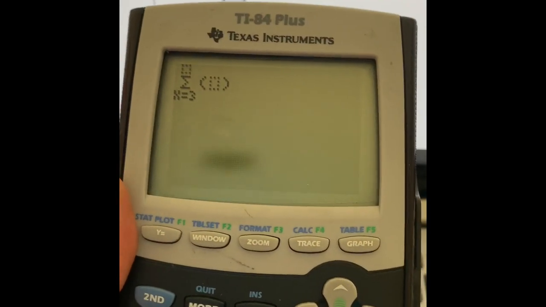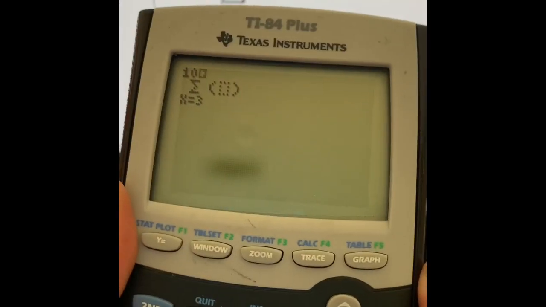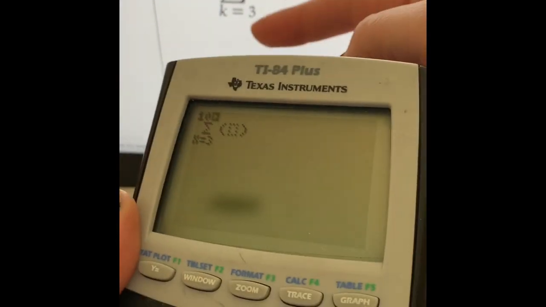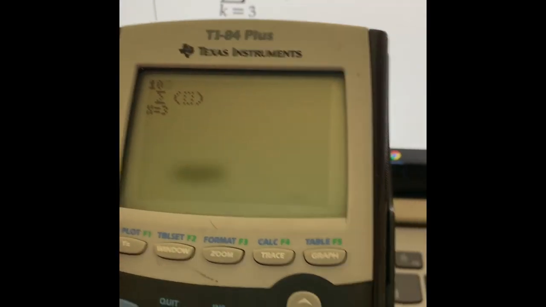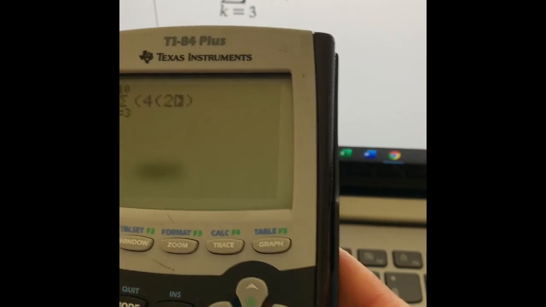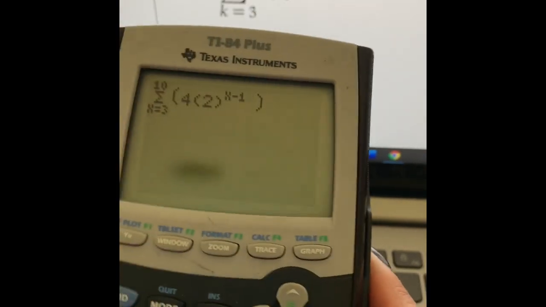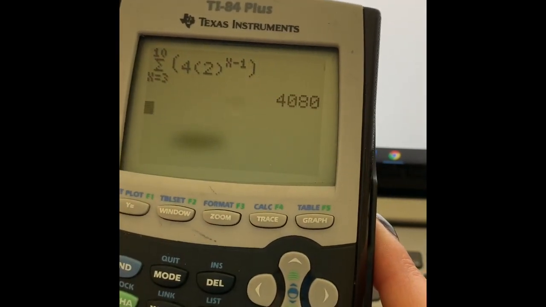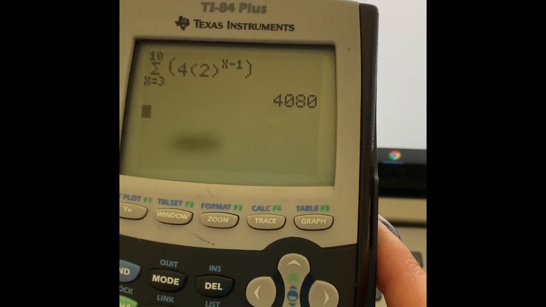Moving on with the right arrow, up top is 10. So we want the terms from the 3rd term to the 10th term, and we're looking for the sum of them if that is your given equation: 4 times 2 raised to the x minus 1. Just make sure you change it to an x value. And there you go. That would be the answer to the last problem.